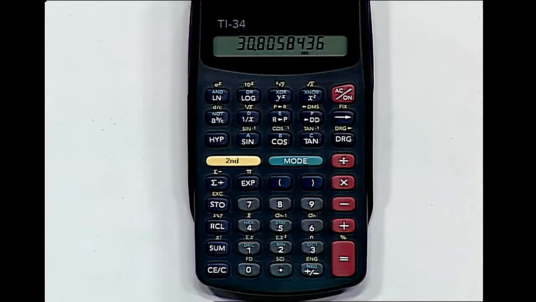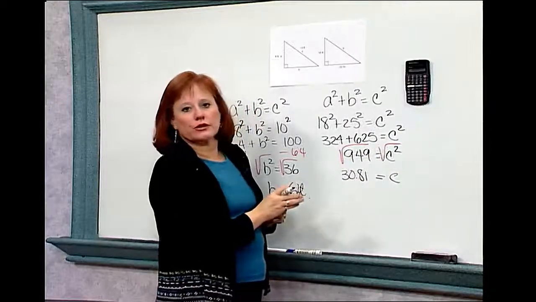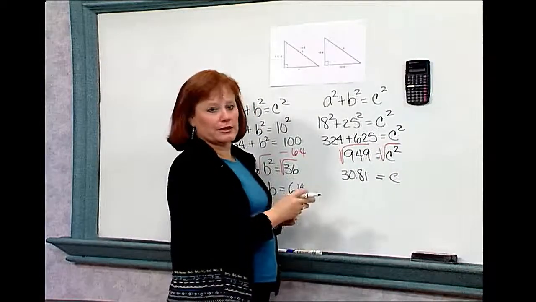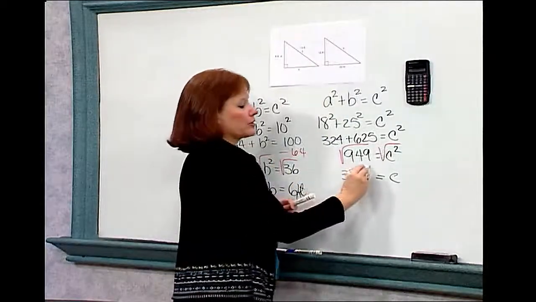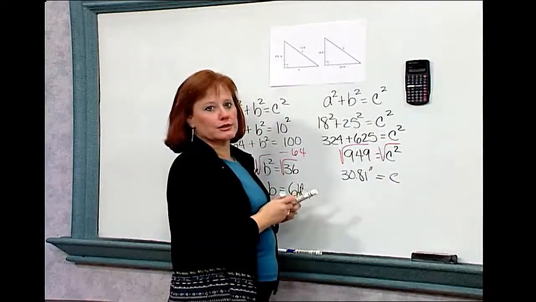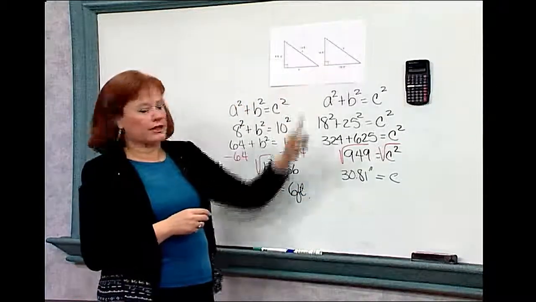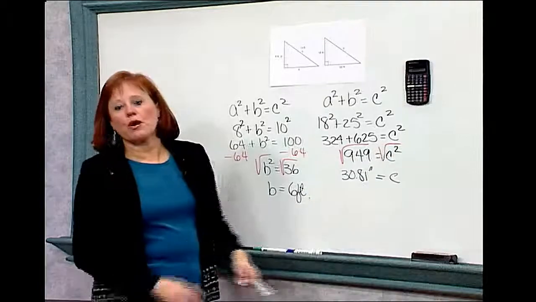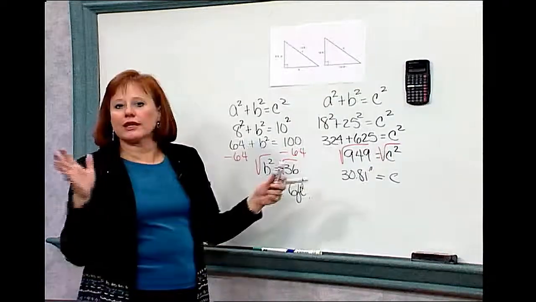When I do that, I find out that c is approximately equal to 30.81, because I rounded off the numbers in the calculator. Now I want to come back and I see that my problem was labeled in inches, so I'll want to label my answer in inches. My answer to this triangle tells me that the hypotenuse, the longest side of the triangle, is 30.81 inches. Using the Pythagorean theorem will enable you to find a missing side of any right triangle.